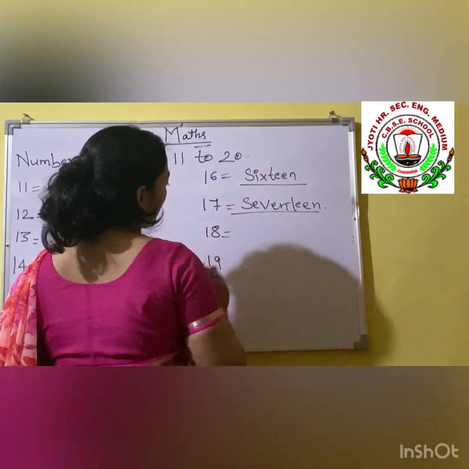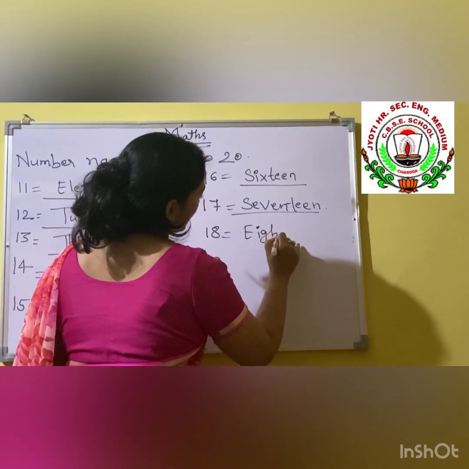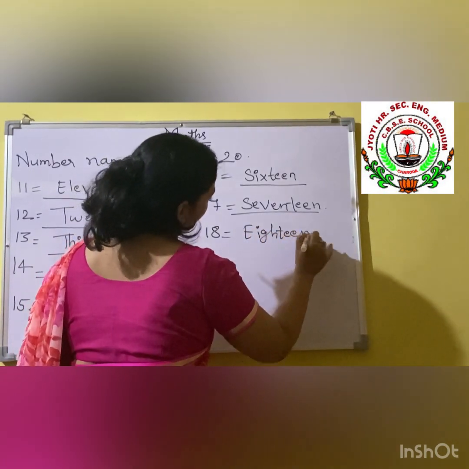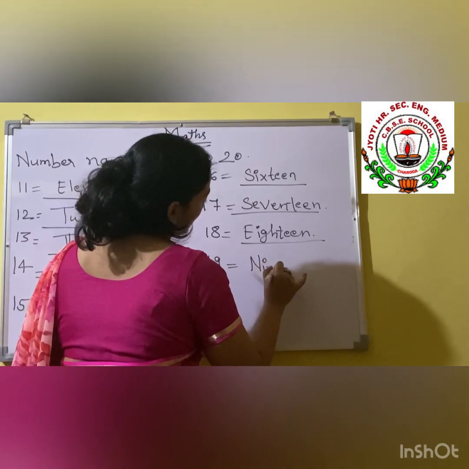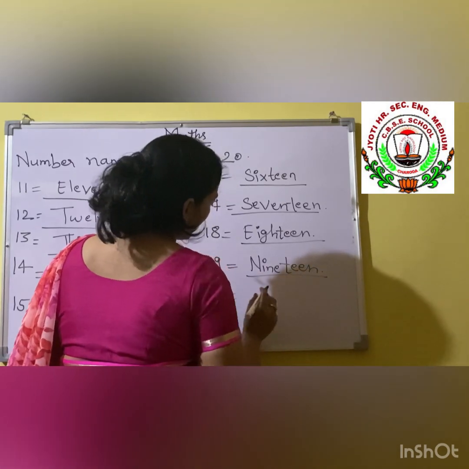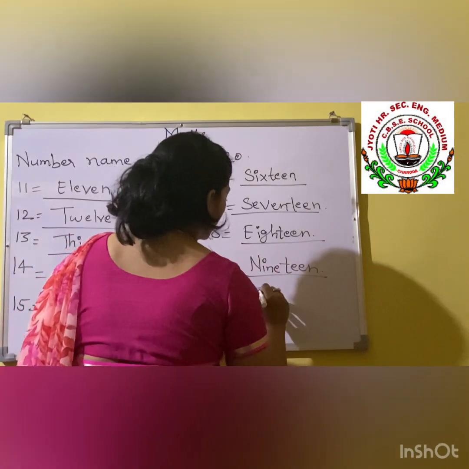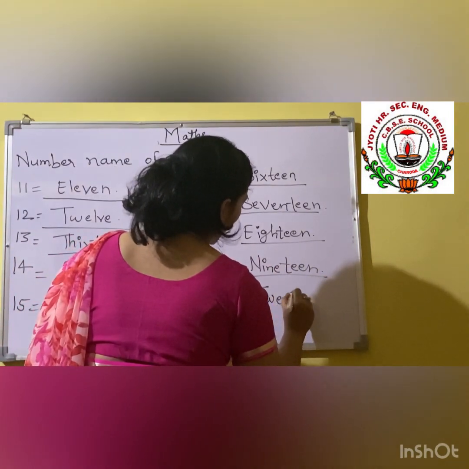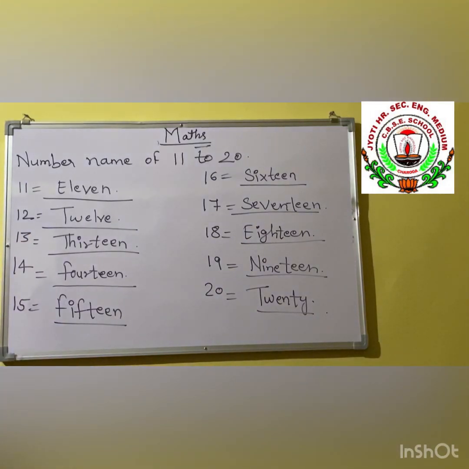The spelling of 18 is E-I-G-H-T-E-E-N. The spelling of 19 is N-I-N-E-T-E-E-N. And the last one is 20. The spelling of 20 is T-W-E-N-T-Y. So students, we are going to start from spelling.